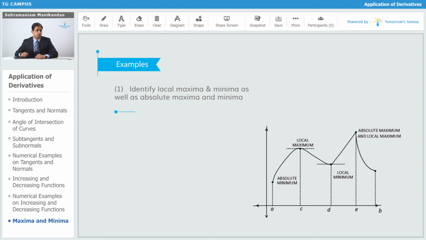First, let us consider the highest point on the graph of this function. The highest point occurs at x equal to e. That is the point which has the highest y coordinate. So this point would be the absolute maximum value of the function.